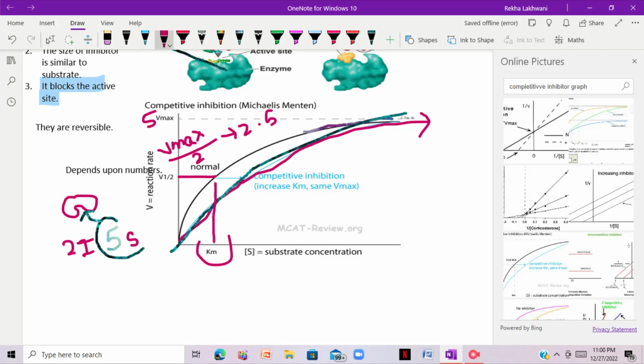For example, we are having one enzyme which is known as succinate dehydrogenase.